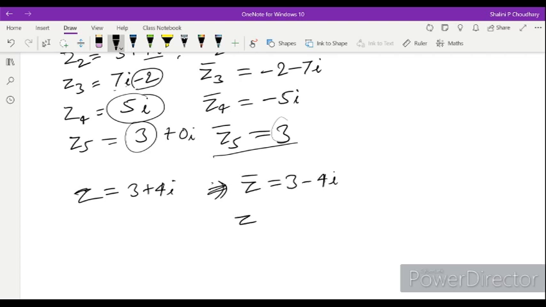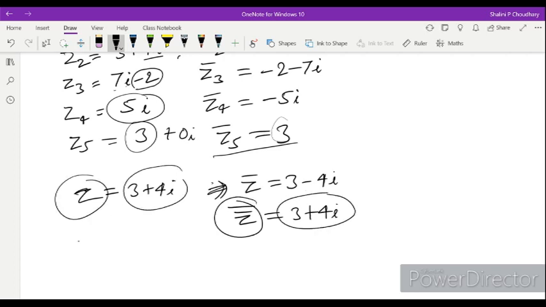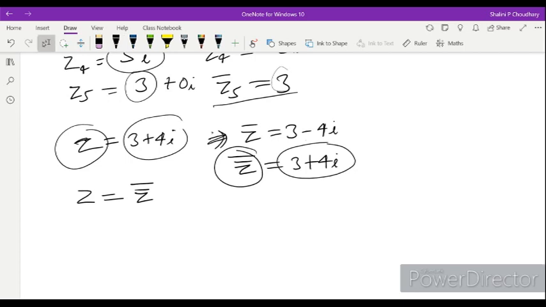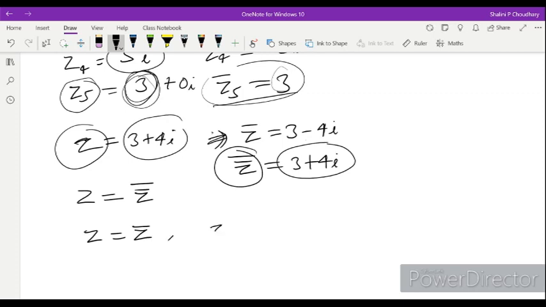Now the conjugate of Z bar: again the sign changes, 3 plus 4i. So this is equal to the original, and we can say that Z is equal to Z double bar. Also, for Z5 we saw it was only real, so there is no change. So if Z is equal to Z bar, it means Z is real.